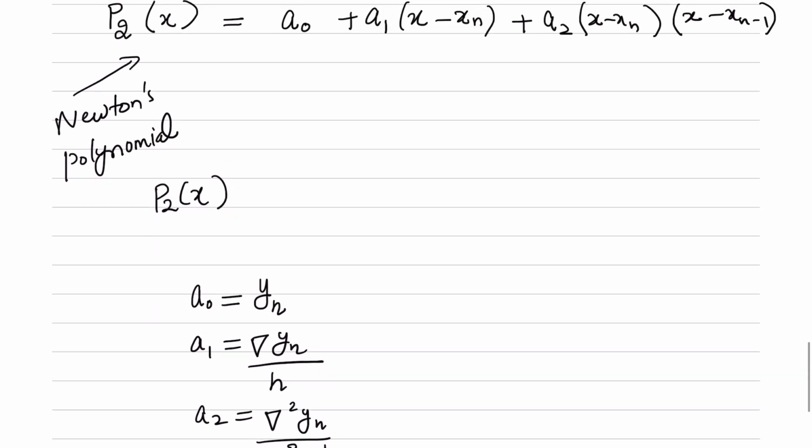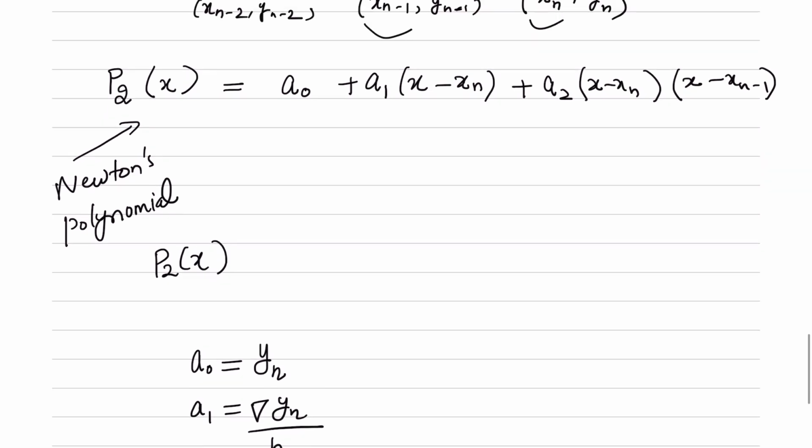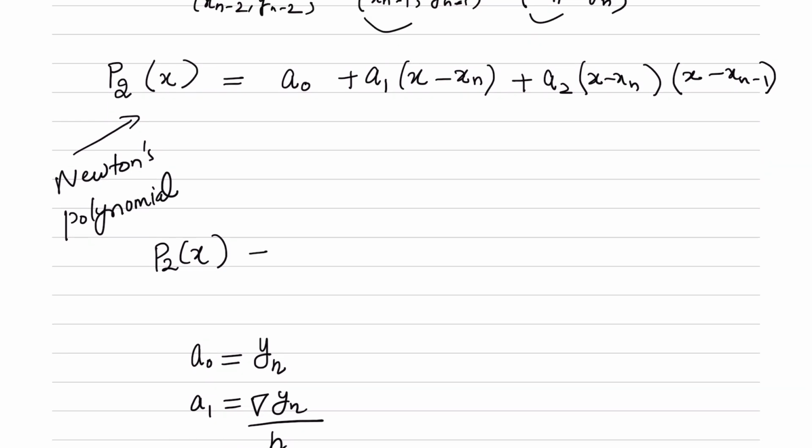So let's put these values a0, a1, a2 in the Newton's polynomial, and then this polynomial will become Newton's polynomial in backward difference operator form, or the Gregory-Newton backward interpolation formula.